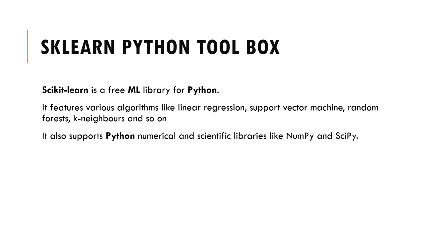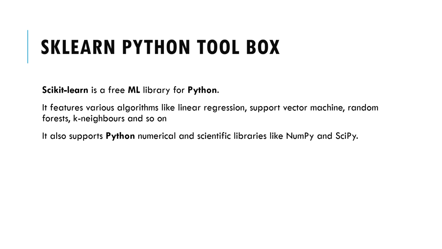In this case, we are going to have different models. Scikit-learn is a machine learning library for Python. Inside it there are different learning algorithms, like the regression model, support vector machine, random forest, and I think K-neighbors, and many other models.